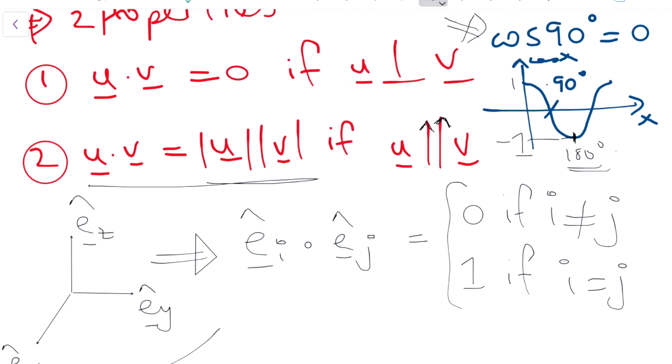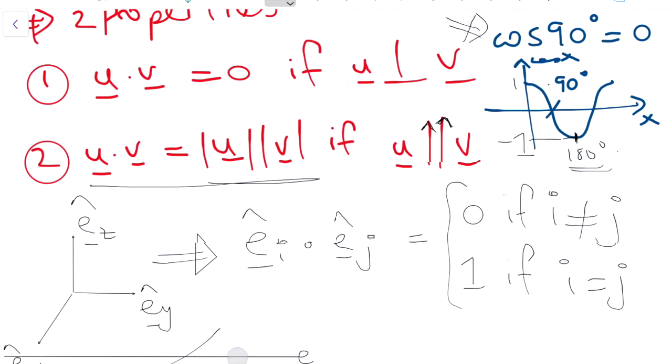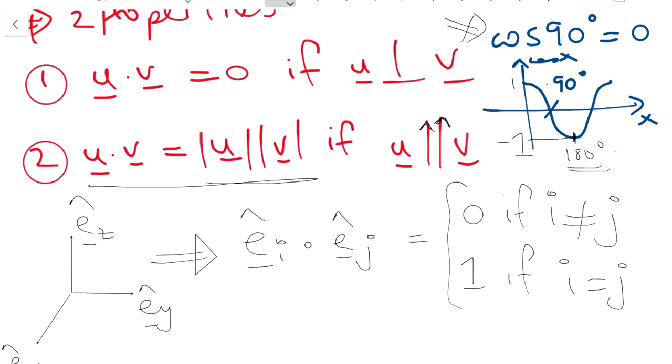So for example, ex. Oops, what happened? Sorry about this. This is a new platform. Let me just erase this and let me start again. So ex dotted with ey, for example, equals 0.